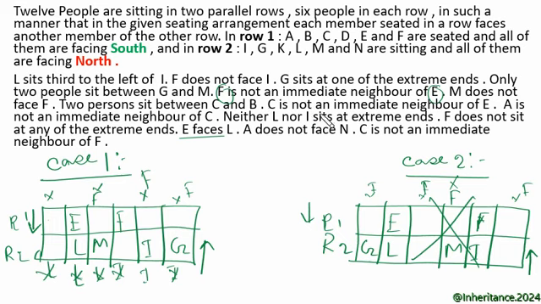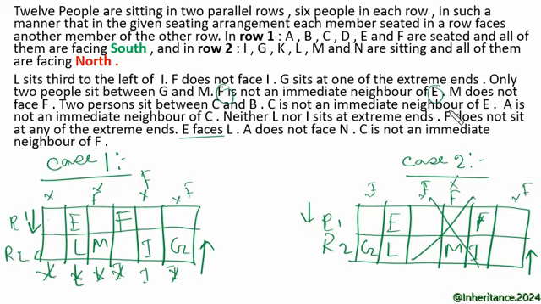Now C is not an immediate neighbor of E, so C is not here and not here either. So C has to be in one of these 2 places. 2 persons sit between C and B. Where is C?